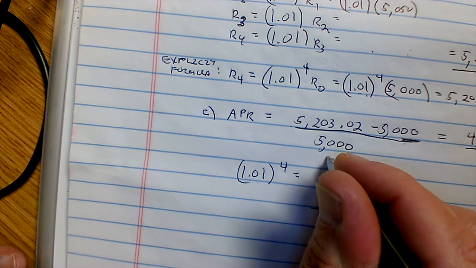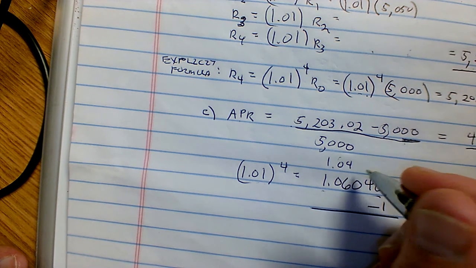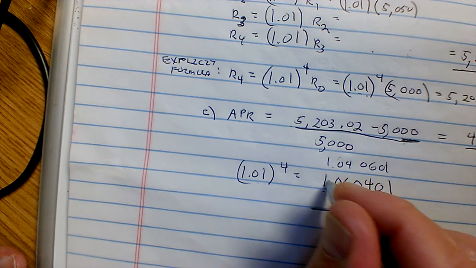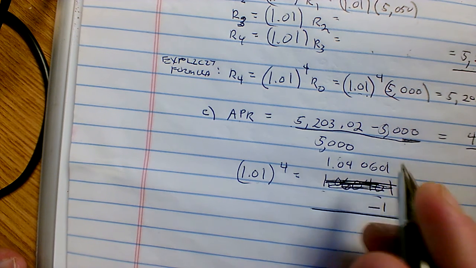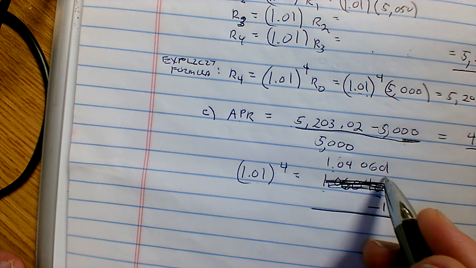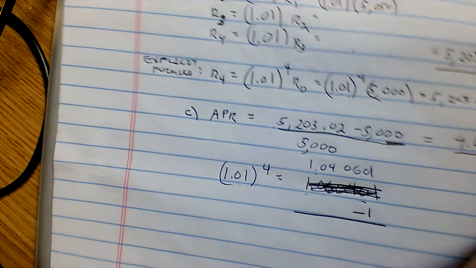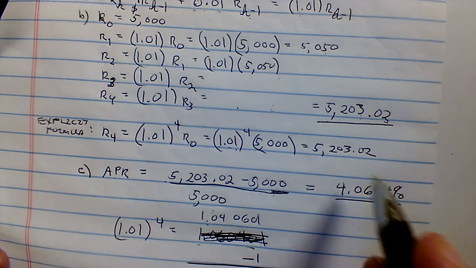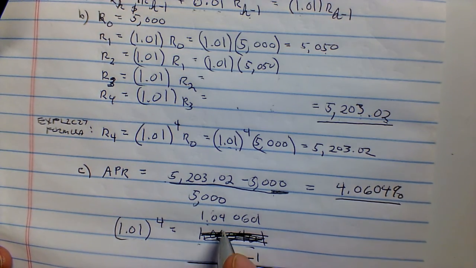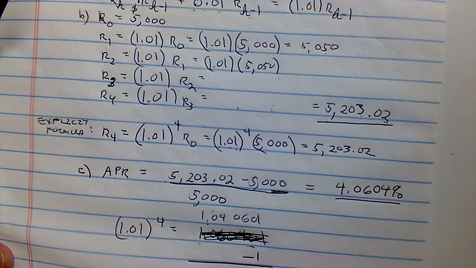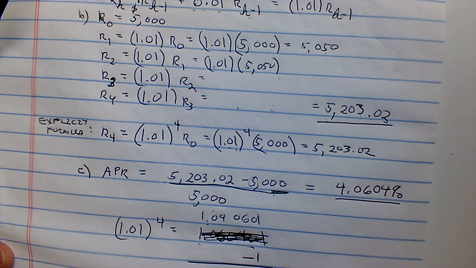I apologize, I wrote that number wrong. That's 1.040601 if you put that in the calculator. If I subtract 1 from this, I am getting the APR for this. In other words, if I put that in percent, it's 4.0604.